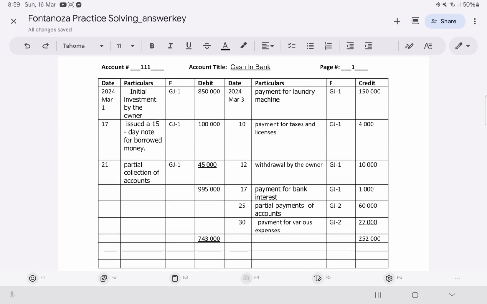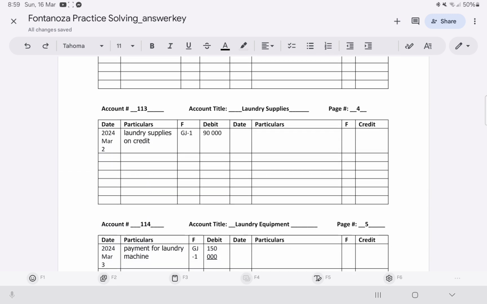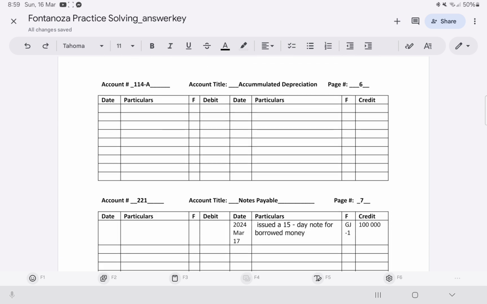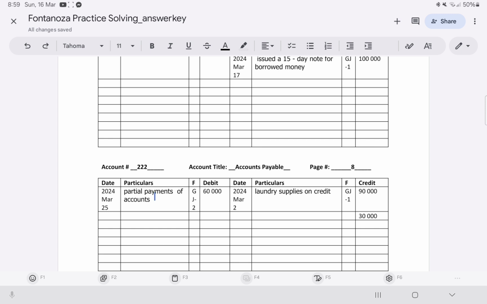So this is the time that you are making a partial payment to your supplier, your laundry supplies supplier, right? So March 25, partial payments of accounts JG2, since that's page 2 already, then 60,000.